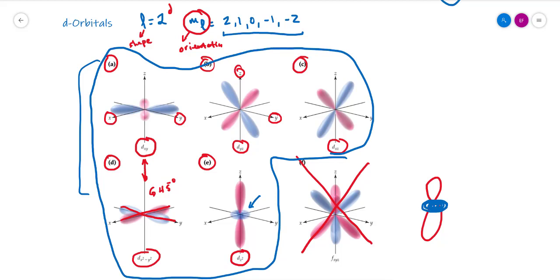The fact that we have 5 d orbitals comes from the fact that we have 5 different spatial orientations, or magnetic quantum numbers, for an l equals 3... sorry, l equals 2. So you could sort of predict then where we're going. If you have an l equals 3, which is the f, how many specific f shapes, or orientations, should we have? So think about that. I'll pause it and then I'll bring it up in a second.